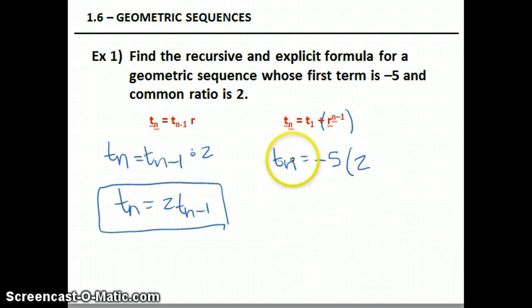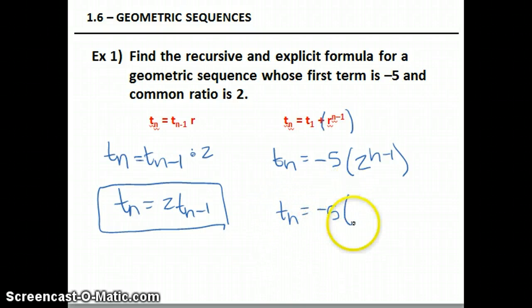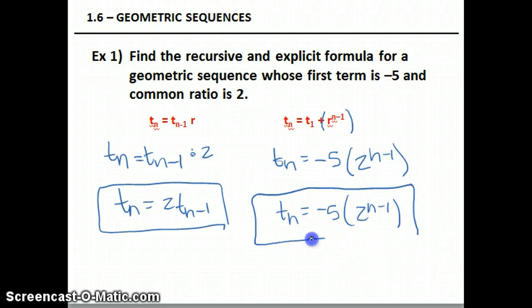Do we know what n is? No, we don't, so we're going to have to leave that as n minus 1. Can I multiply -5 times 2 here? No, I cannot, because according to the order of operations, we must do exponents first. So my final answer is T sub n equals -5 times 2 to the n minus 1. That is the explicit formula.